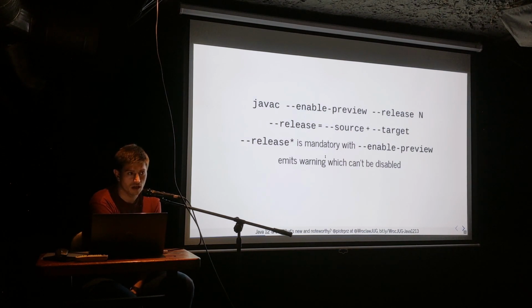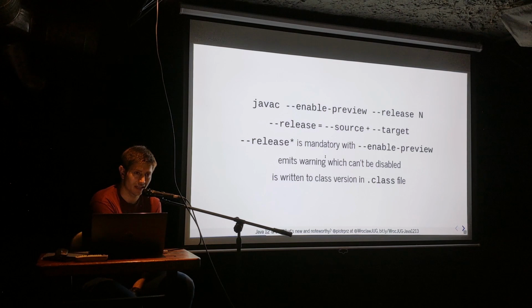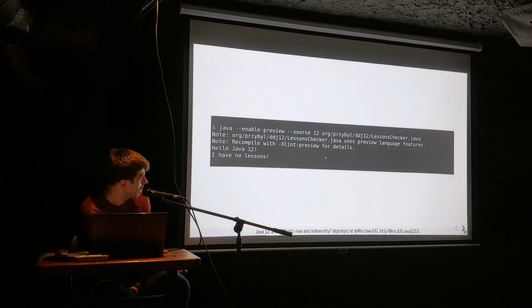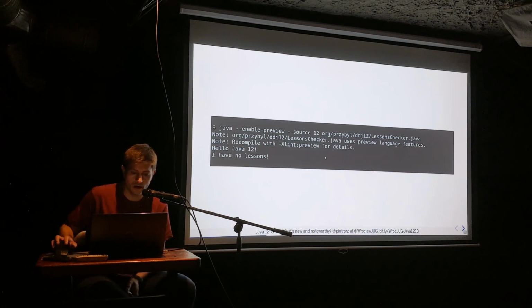It also emits a warning, which cannot be disabled, during compile time, saying that this compilation process is going to use preview features. It's also written down to the class file that this class file uses some preview features in the version of the class, basically. So this is how it looks like.